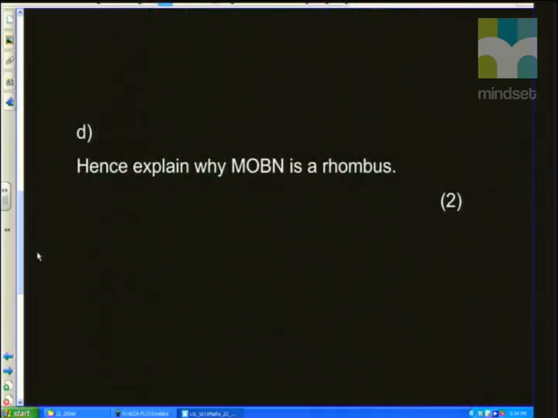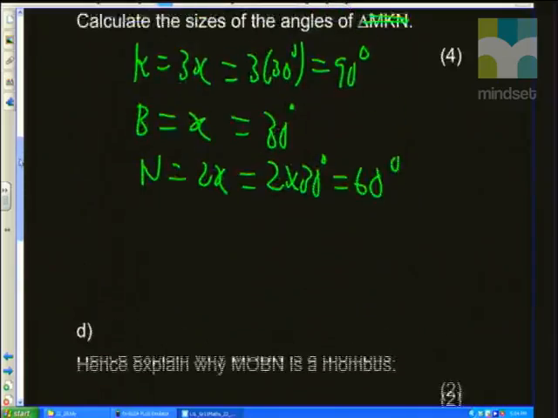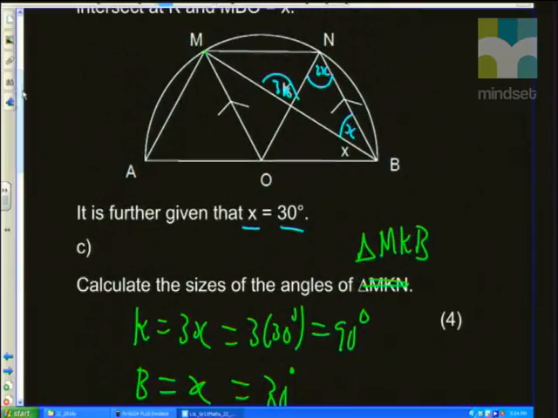Now, the last question on this one is, hence explain why MNBO is a rhombus, right? If you look at this, one of the properties of a rhombus is that the diagonals bisect each other at right angles.